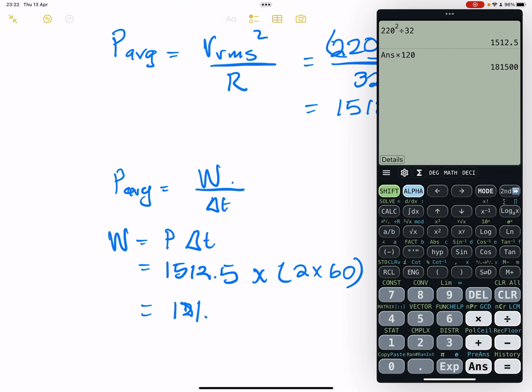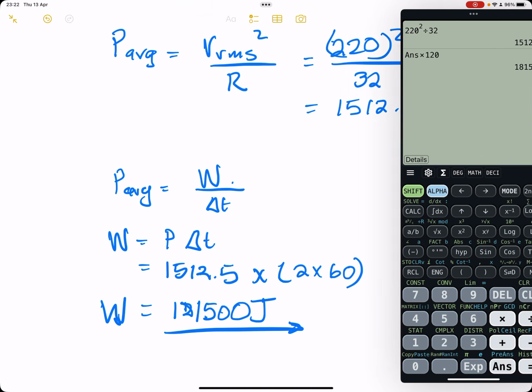So we get 181,500 joules of energy. Please keep in mind that energy is measured in joules.